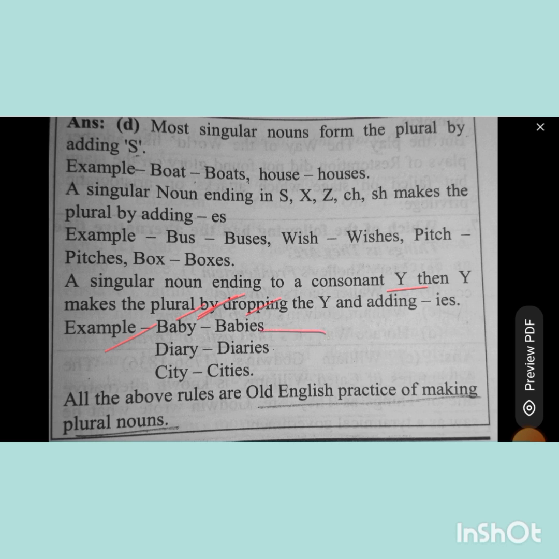After that we add es. Baby, babies, diary, diaries, cities. So all the above rules are the Old English practice of making plural nouns.